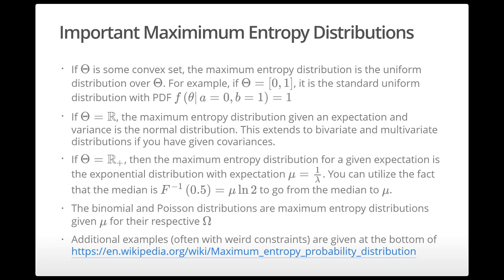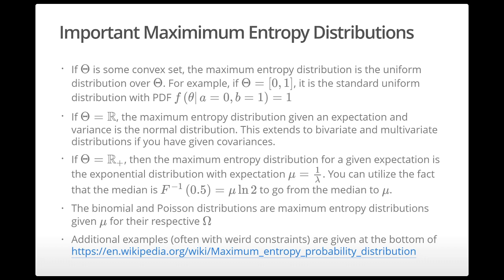But the normal has the least information on top of that among all distributions over the entire real line for a particular expectation and variance. So that is one reason why the normal distribution is so commonly used in statistics and science and whatnot.